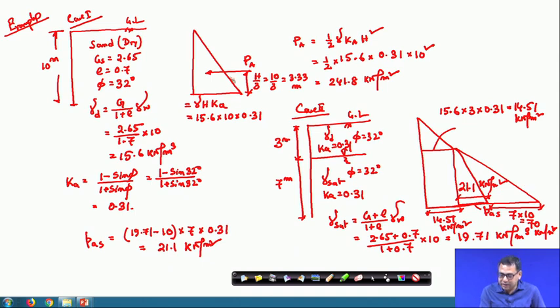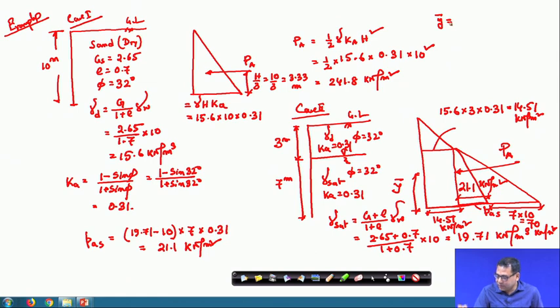Now, here the Pa is acting at H by 3, but here where is the Pa acting? That we have to calculate. If your Pa is acting here, at a height of y bar, how will I calculate y bar?